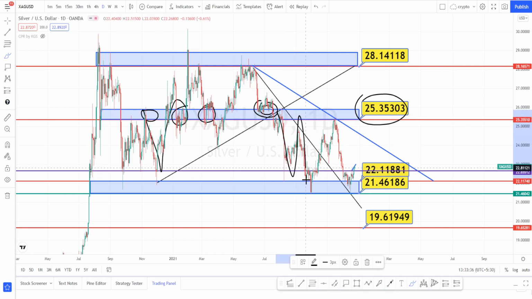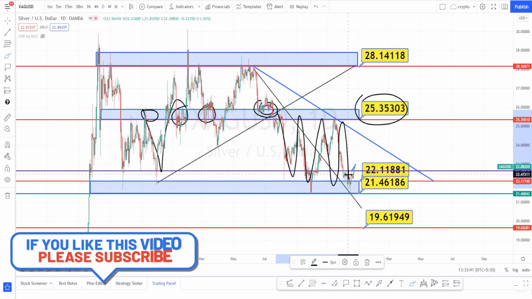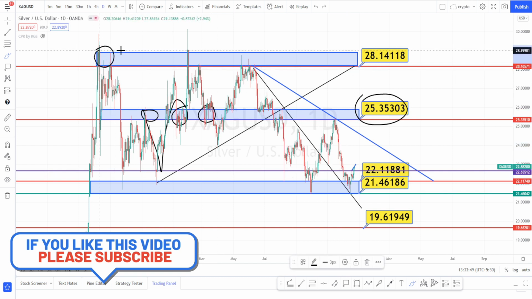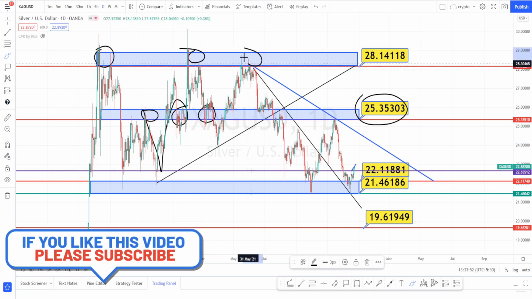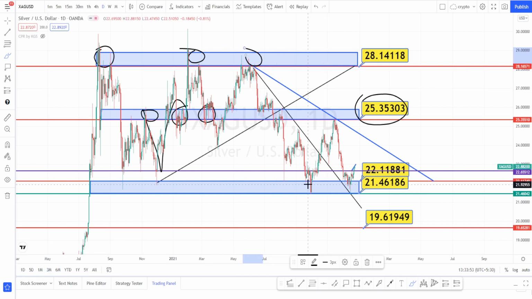Currently the price action is moving within this support and resistance level of 25.35 and 22.11. So since it has formed a double top pattern, I am expecting a further fall in this currency pair. Currently this support level is holding as a support for now.